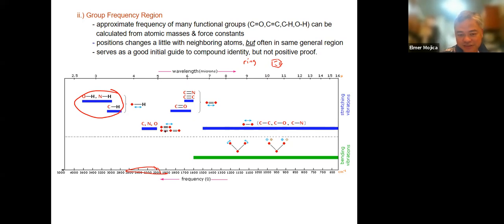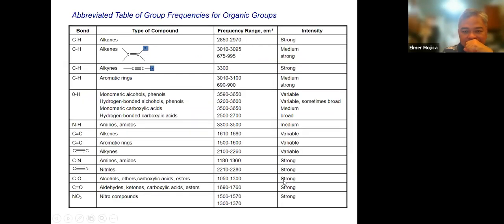This is all the stretching. If you have the bending, it's around here. The blue one here is the stretching and the green one here is the bending. And this is where you can find these.